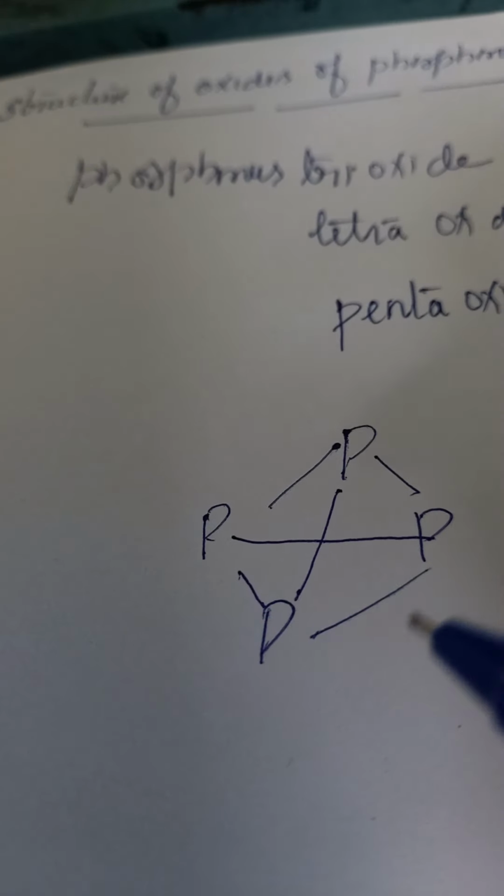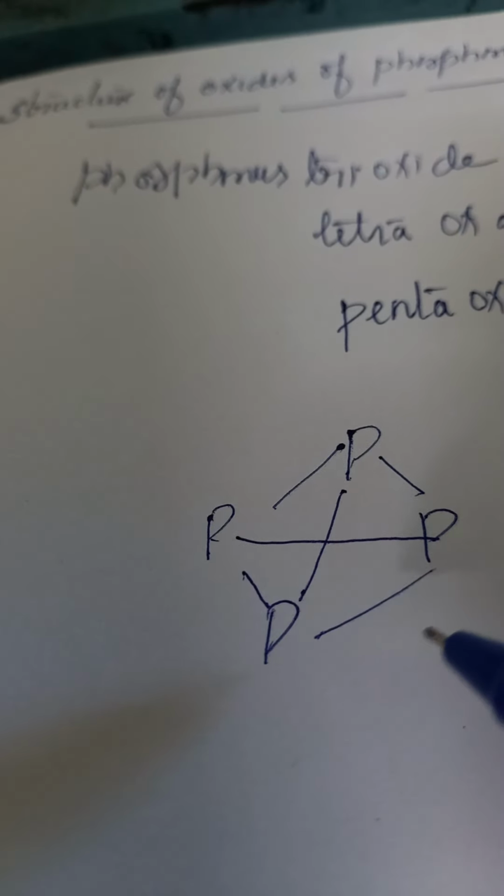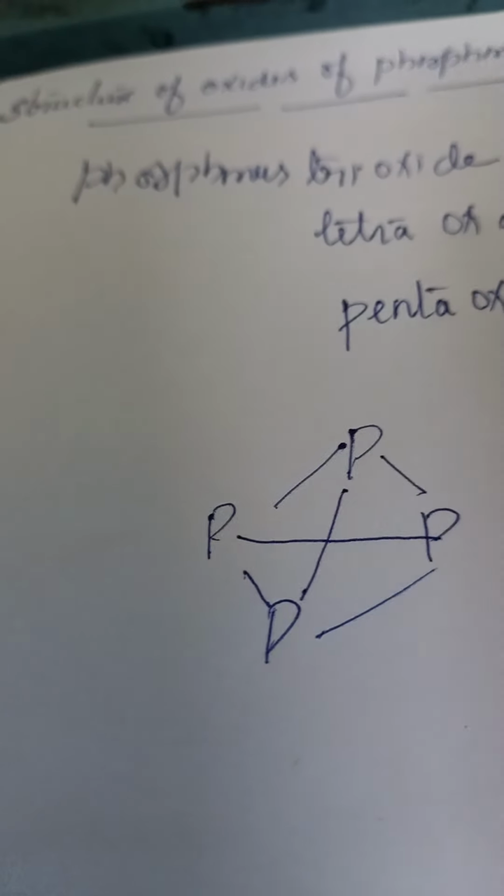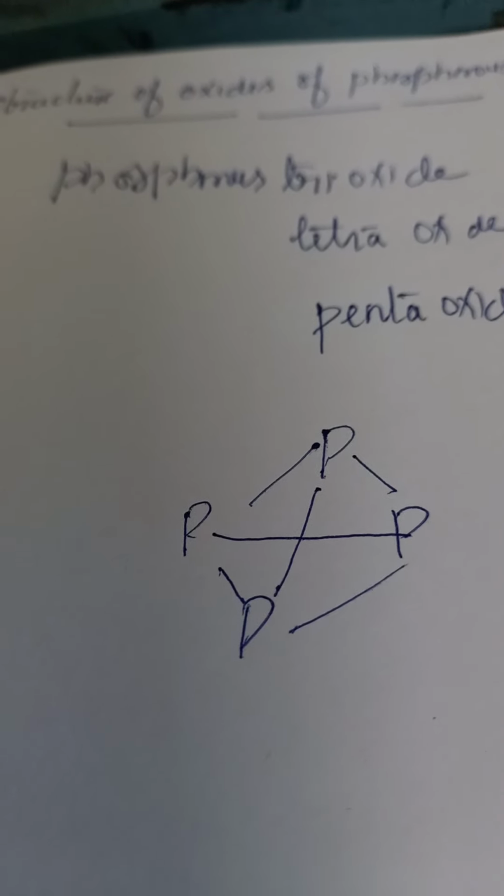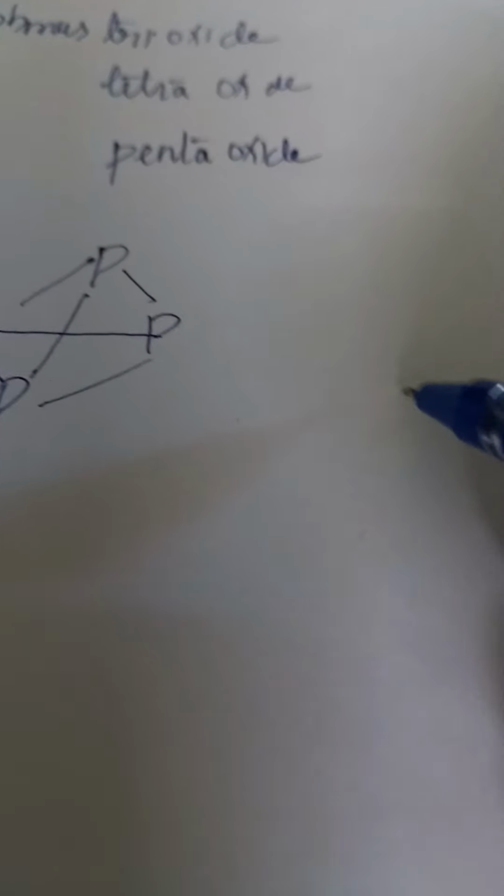So oxygen becomes oxide. So oxygen atoms link in the edges. See here like this.